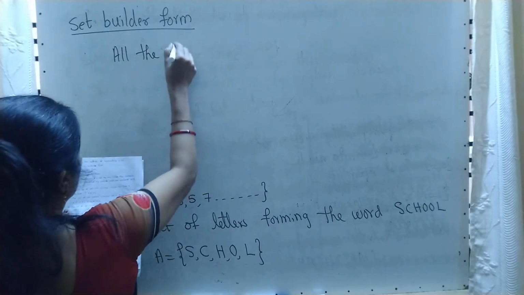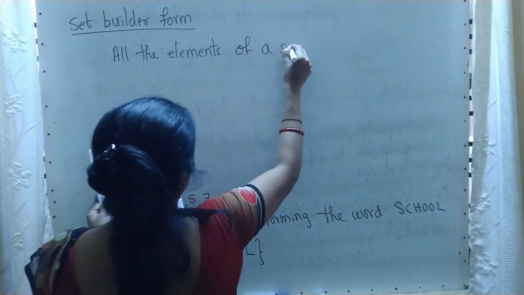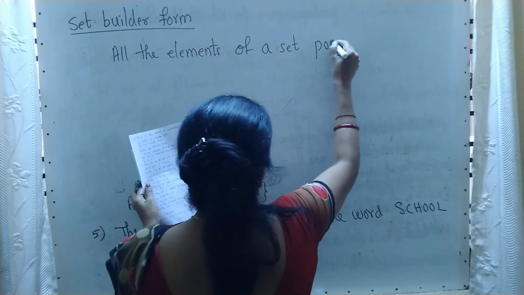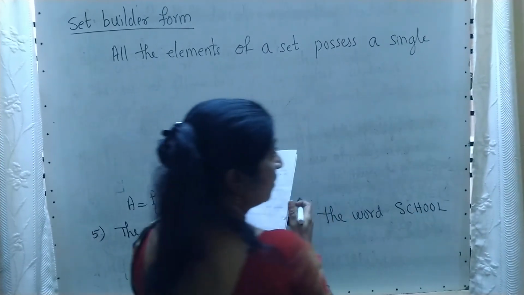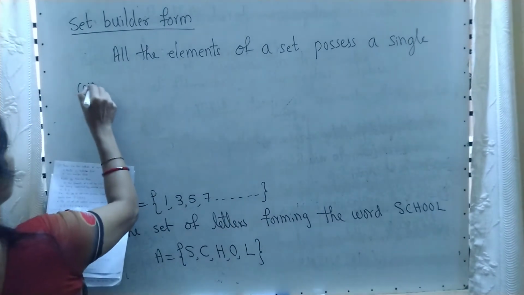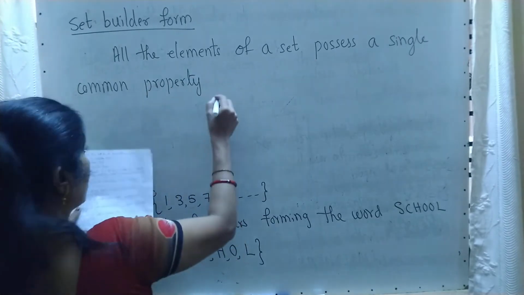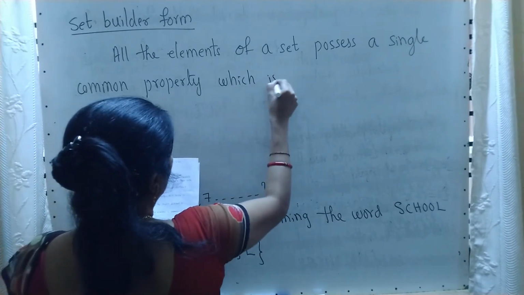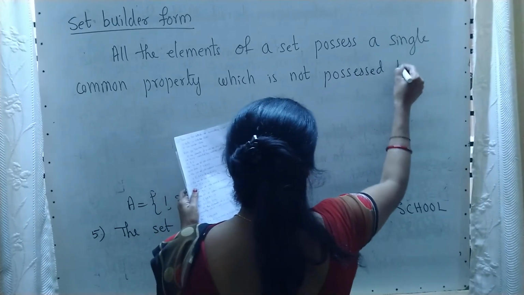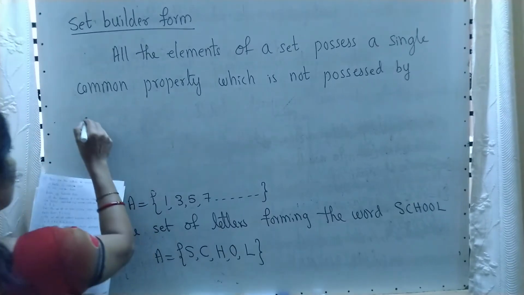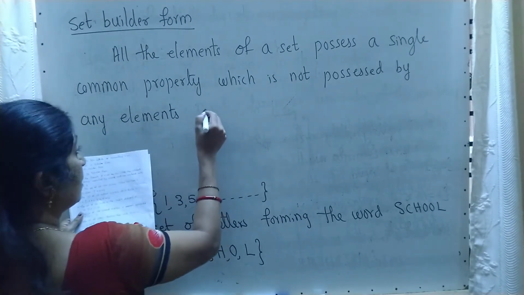All the elements of a set possess a single common property, a common property which is not possessed by any elements outside the set.